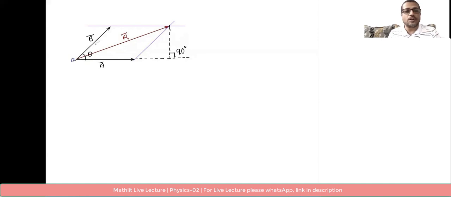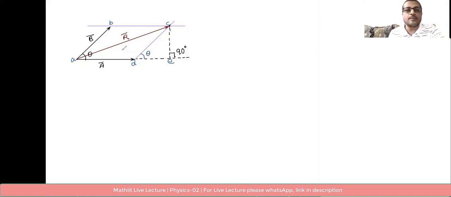This is A, B, and C, D. This extended part, let us call this E. If the angle between A and B is theta, naturally the angle between these two lines should also be theta. That is easy to understand. It is just that vector A has been extended and DC is just parallel to AB. So it is obtained the same.